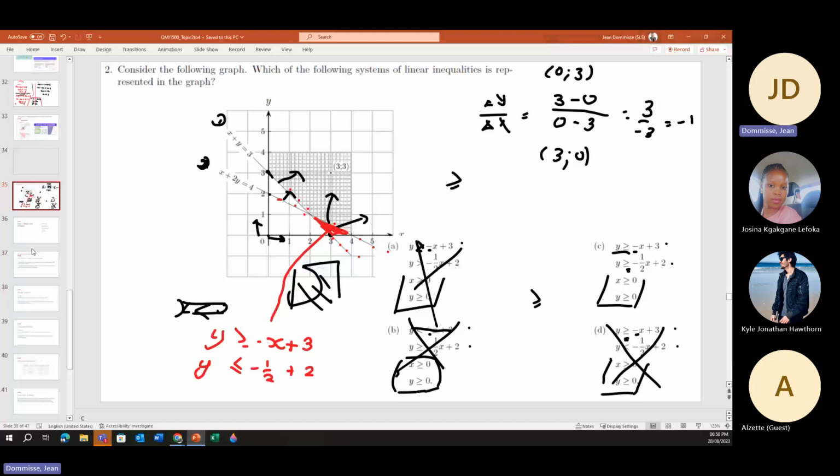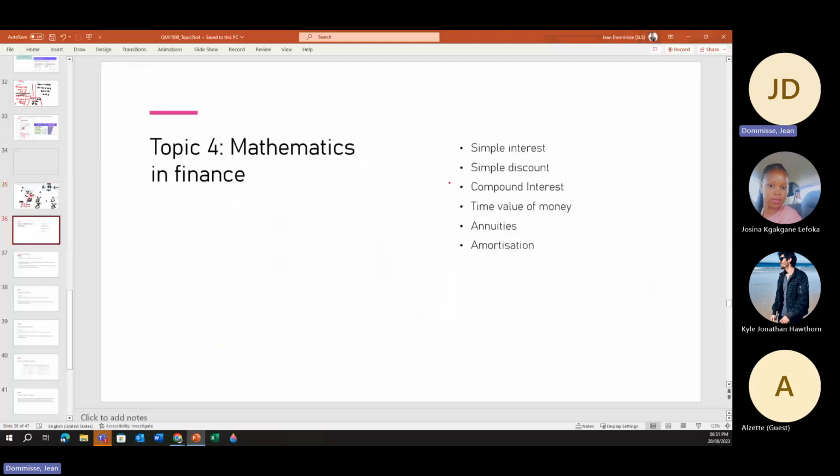Okay, so let's do the next section. So we're jumping now from normal maths to some other maths where we look at finances.